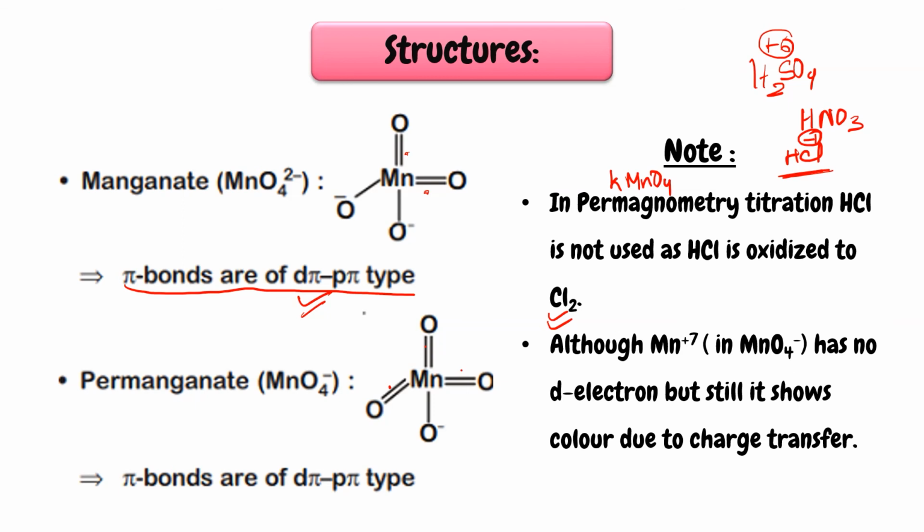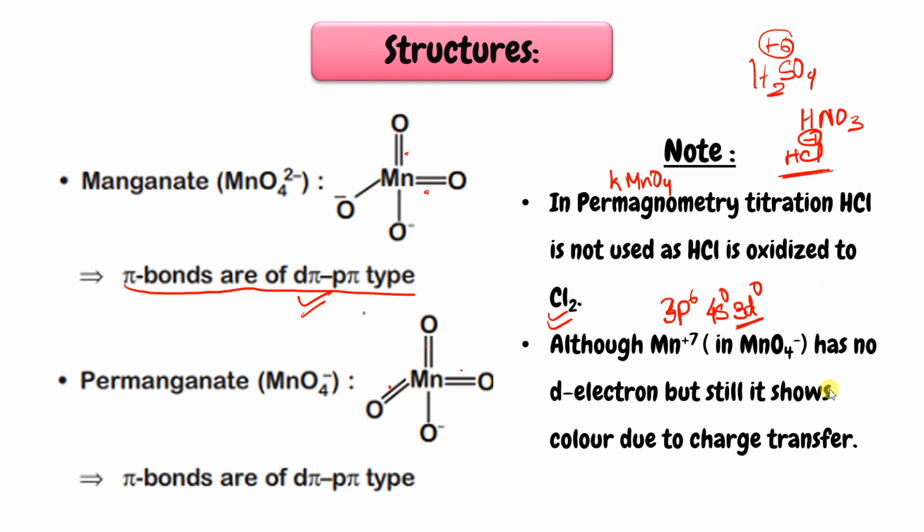Now, although Mn plus 7 in MnO4 minus has no d electron, if you see the configuration of Mn plus 7, it is 4s0 and 3d0, that is 1s2 2s2 2p6 3s2 3p6, and there is no d electron in this, although it shows color.